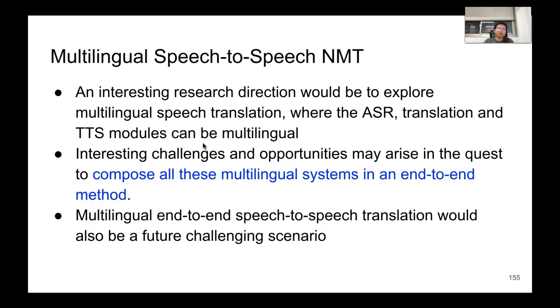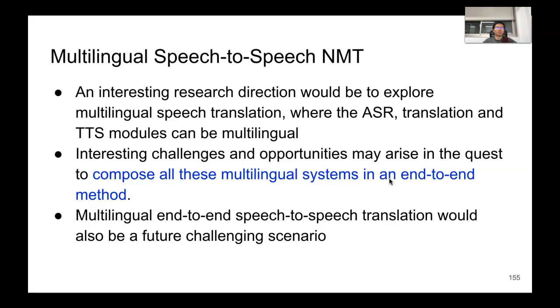The interesting challenges and opportunities may arise in composing all these multilingual systems into an end-to-end method. So how to learn an end-to-end multilingual speech-to-speech system?